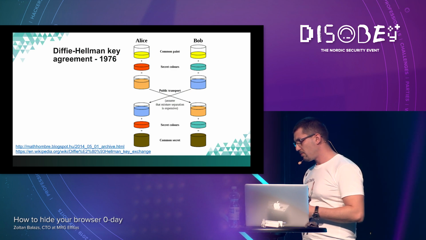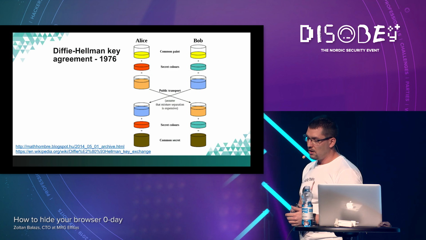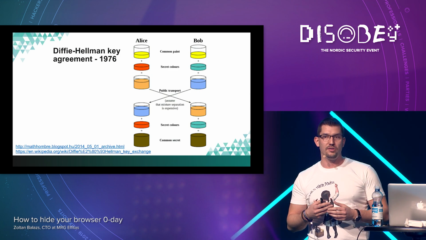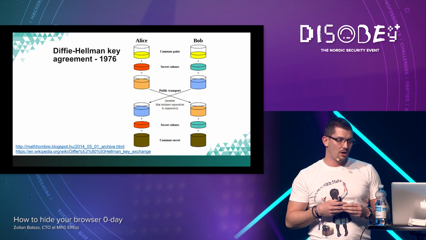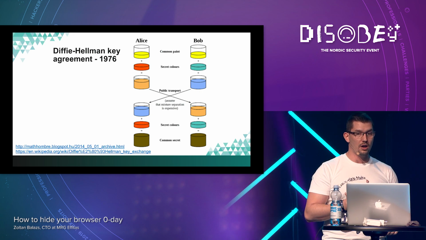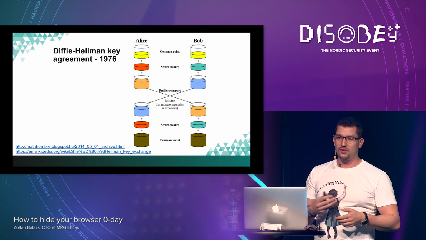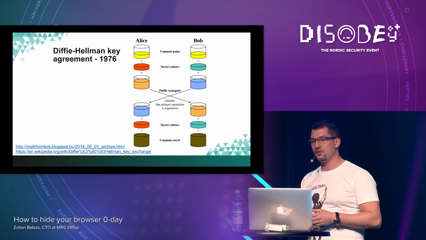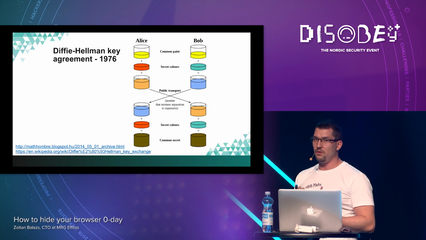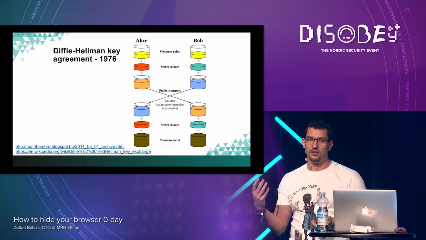In reality, of course, it is easy to subtract colors from each other. But for this example, let's pretend that it is not that easy to do. For example, from the top of my head, I cannot do that.